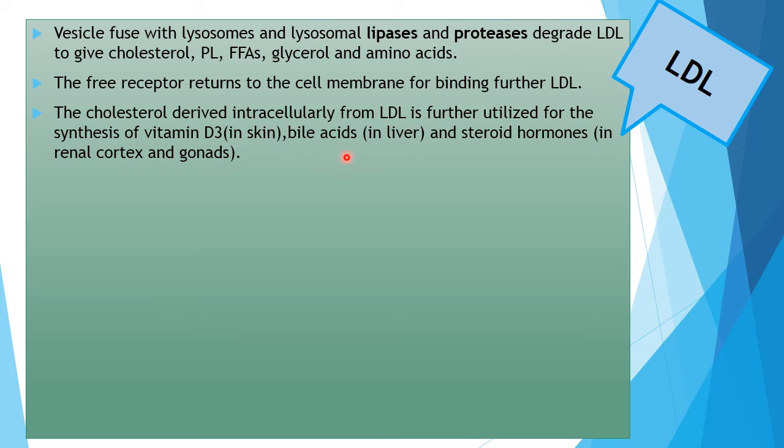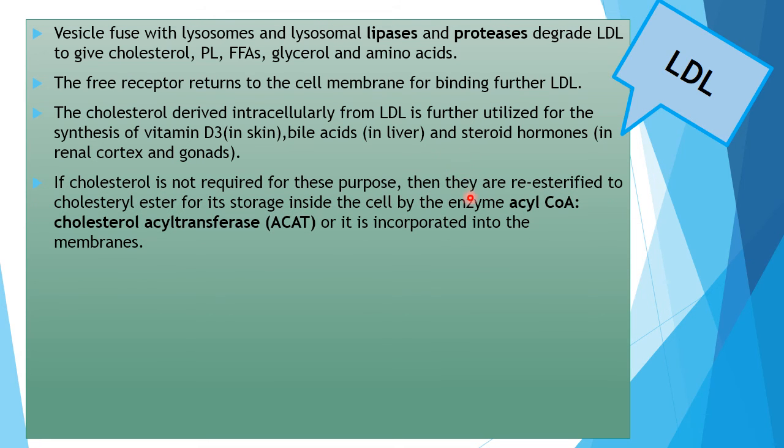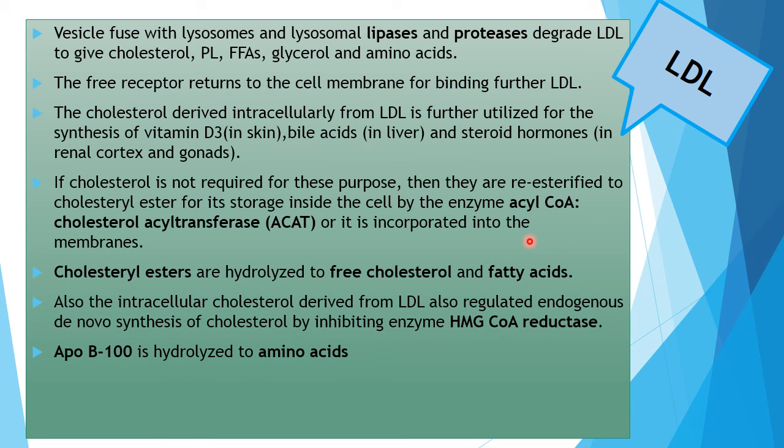The cholesterol derived intracellularly from LDL is further utilized for the synthesis of vitamin D3, bile acid and steroid hormone. If cholesterol is not required for this purpose, then it is re-esterified to cholesterol ester for storage inside the cell by the enzyme acyl coenzyme A cholesterol acyltransferase, or it is incorporated into the membrane.